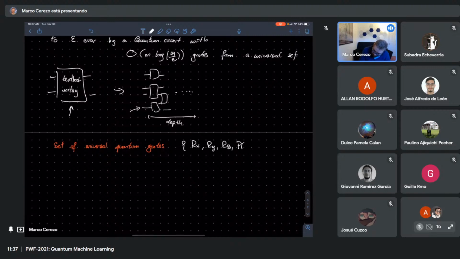I have a phase gate, which is a matrix that is 1, 0, 0, e to the i phi, and just a single 2-qubit gate, which is the CNOT. So if you have a physical system that can implement all of those operations, you can essentially do anything in quantum computing.